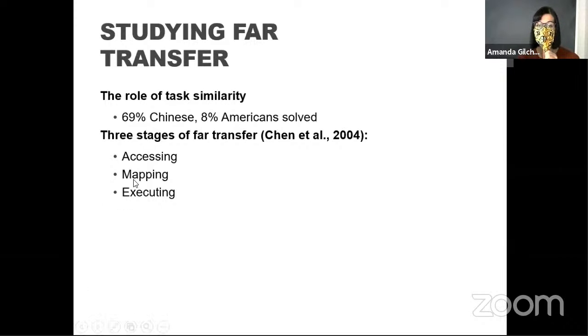So you have to be able to access that previous exposure. You then have to be able to map that previous story onto the current problem. And then you finally have to execute the problem solving with that mapping in mind. So these are the 3 stages of far transfer.